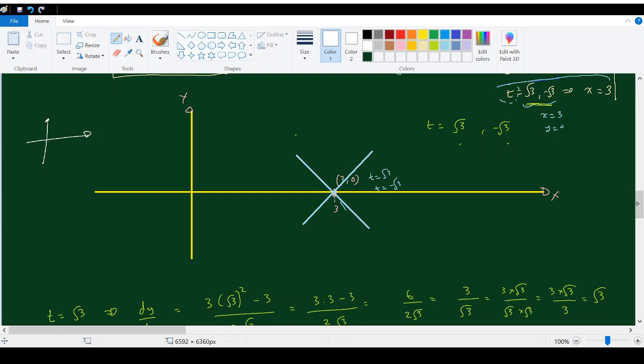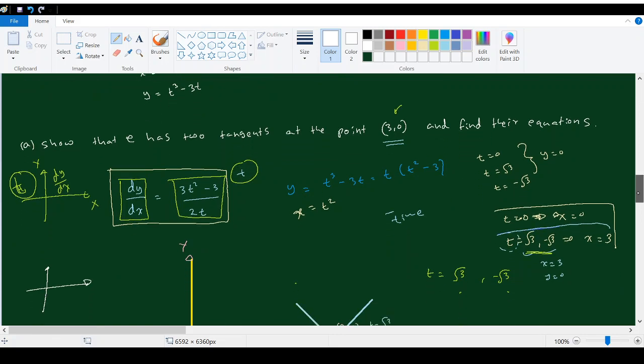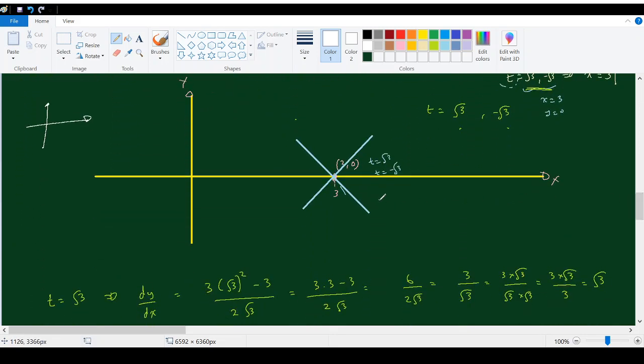So the answer for this part of the question will be: show that E has two tangents. Now we already calculated both equations.